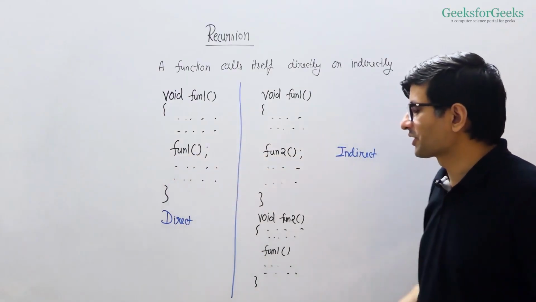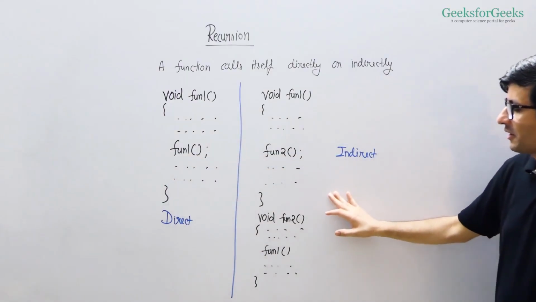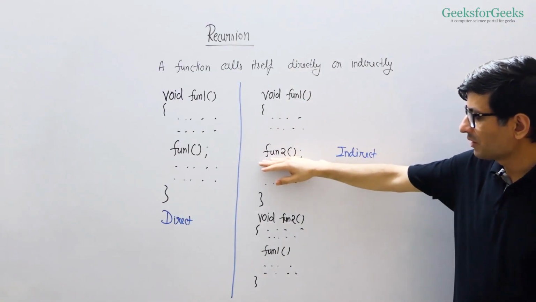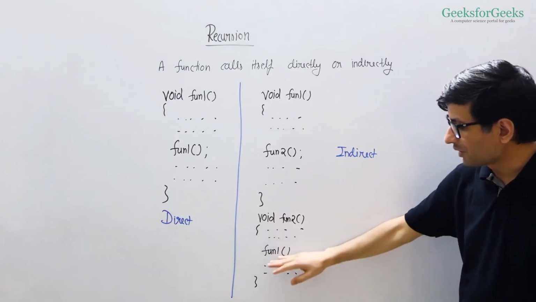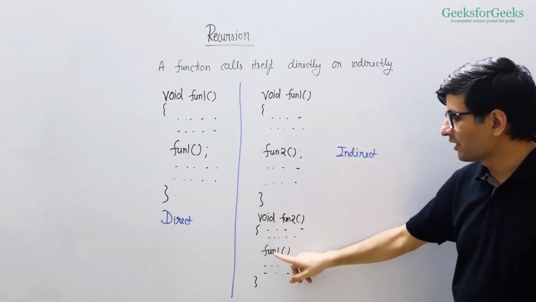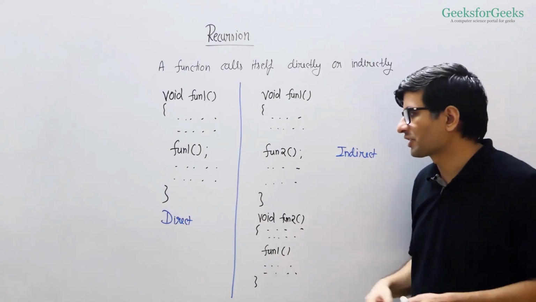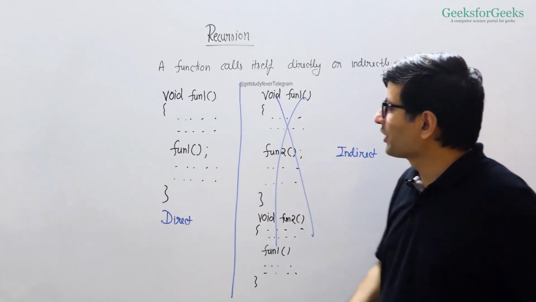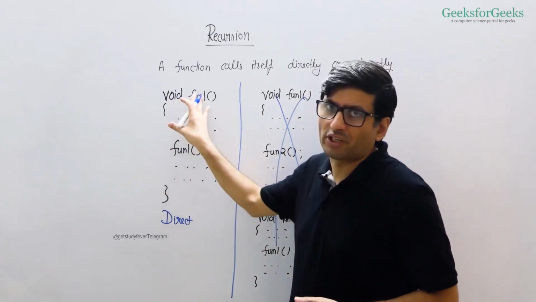This is direct recursion. Indirect recursion is when a function fun1 calls a function fun2, and fun2 calls fun1 again. So here fun1 is indirectly calling fun1. This is indirect recursion. This is not very common, and we are going to mainly focus on direct recursion.